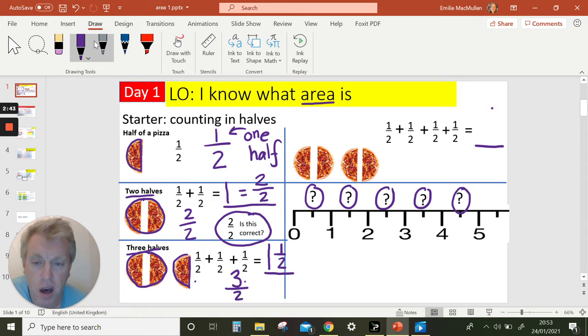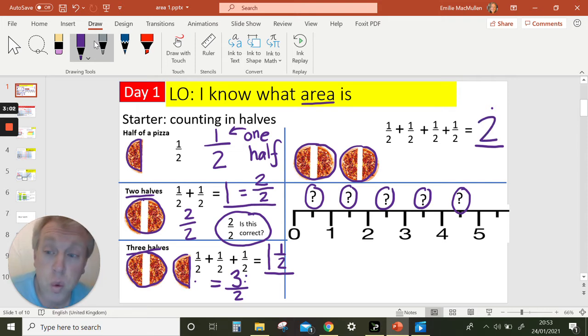Yes, we could, because we've got 3 halves. What about this one? A half and a half and a half and a half. Well, half and a half is 1, another half and a half is 2. So we've got 2 wholes. Could we write that we've got 4 halves using a fraction? Yes, we could. 4 halves.